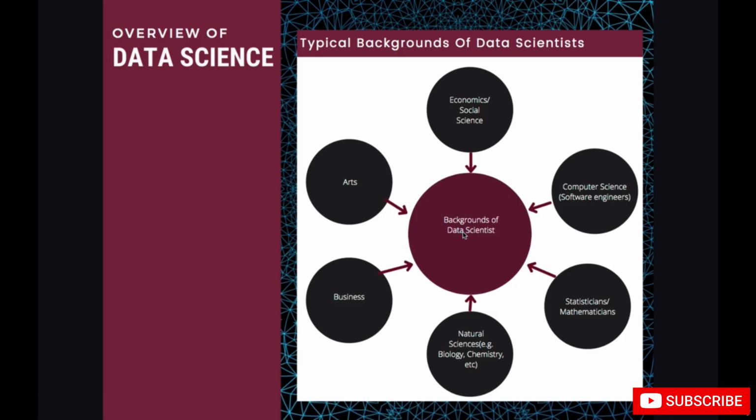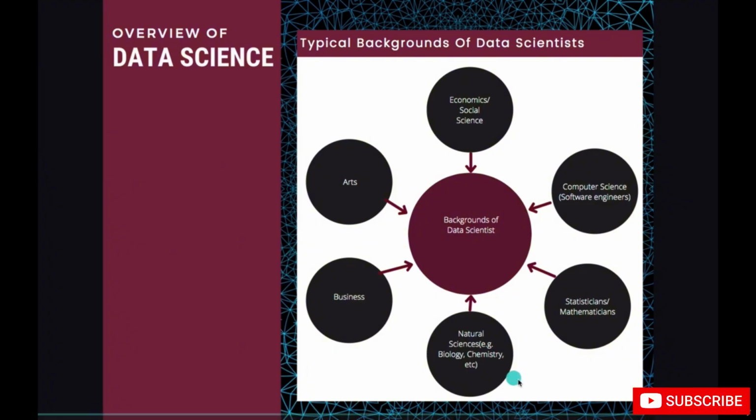So regardless of your background, you can still become a data scientist. That's why I said data science itself is not a domain. You just have to learn the skills and apply them in the particular domain that you are in. If you're a business professional, you just need the skills of a data scientist to apply in your business field. If you're in any of the arts domains, you can just learn data science skills and then apply them over there.